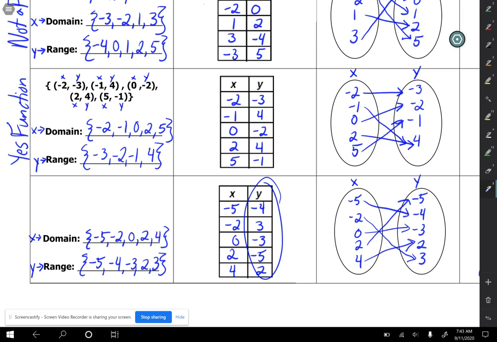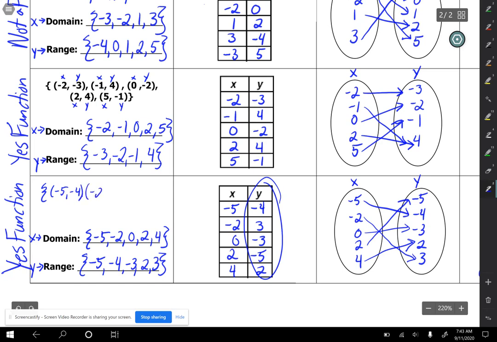And then last, I need to say that this is a function. So yes, it is a function because my x's are not repeating. And then write them as their ordered pairs. Okay, and that's all.